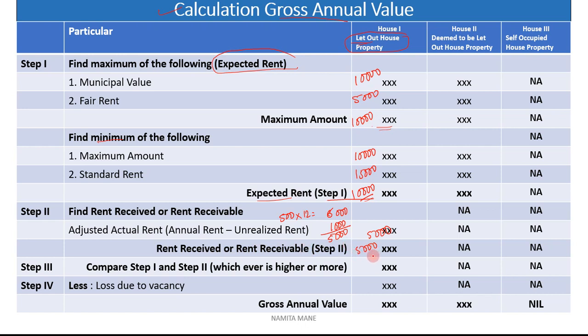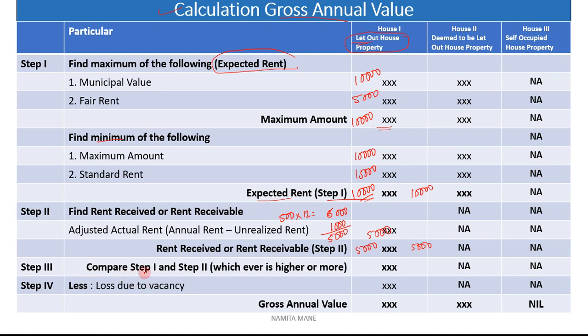That is step number 2. Now step number 3 is to compare step 1 and step 2. Step 1 gave us 10,000 rupees. Step 2 gave us 5,000 rupees, which is rent received or rent receivable.